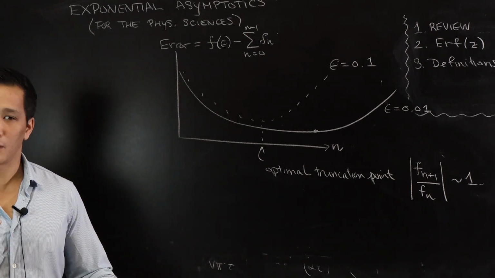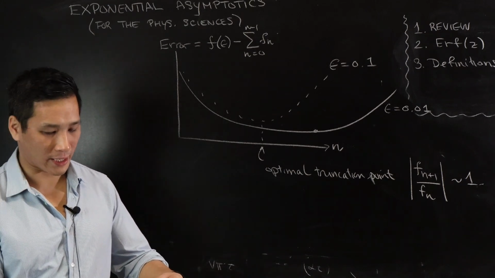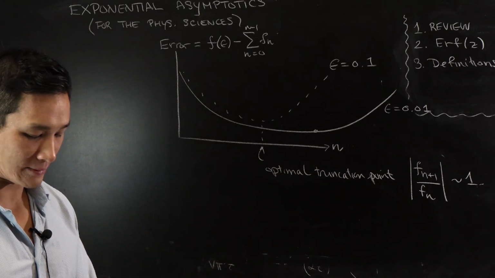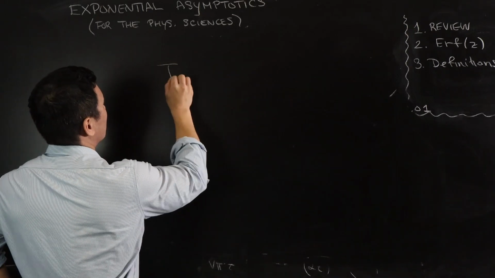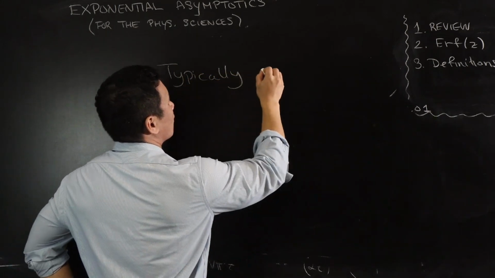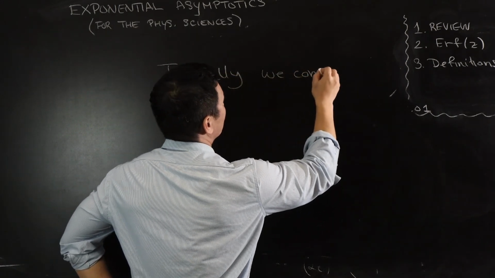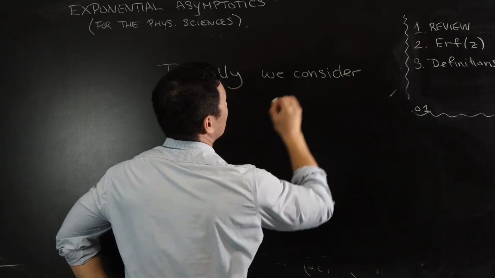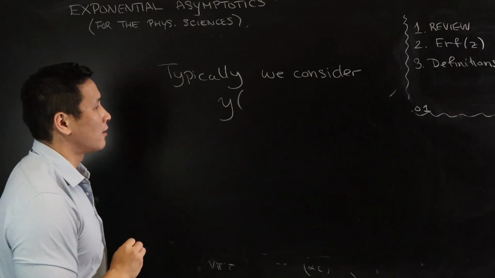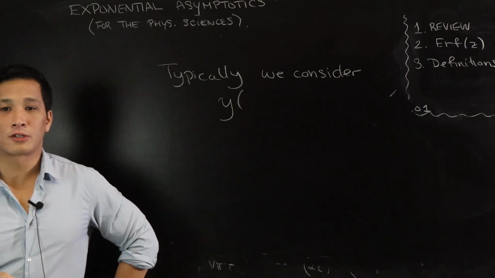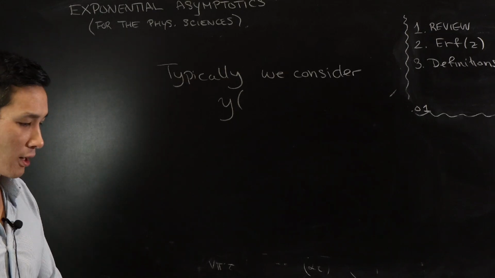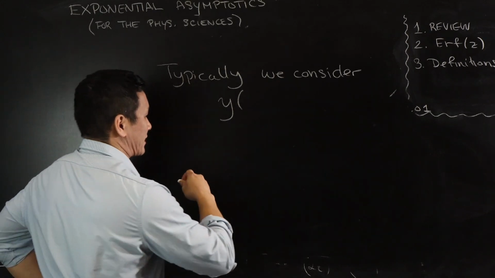And this was the thing that Poincare had attempted or had clarified, this property of being asymptotic. So typically, we're going to consider asymptotic approximations for a function y, say, and in this course we mainly deal with what are called parametric asymptotic approximations.